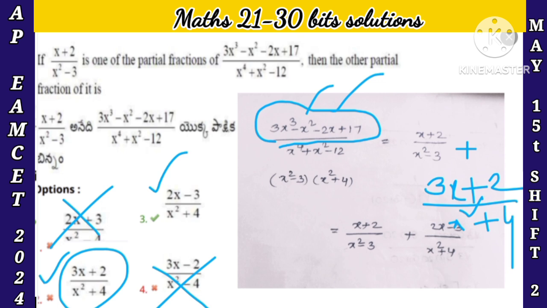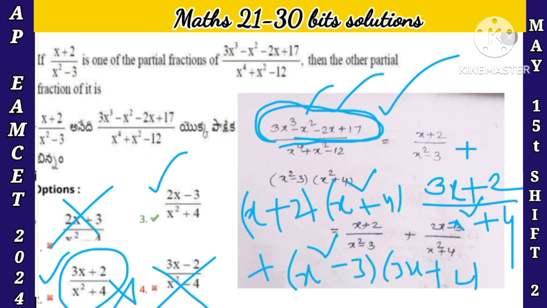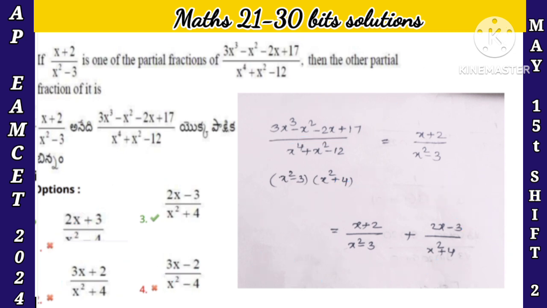After taking the cross product, the value does not tally with the given question. So we don't take this one. Just do the LCM. Then what you get? (x plus 2) into (x square plus 4) plus (x square minus 3) into (3x plus 2). After doing the product, this value does not tally with the given question numerator. So this is not the correct option.